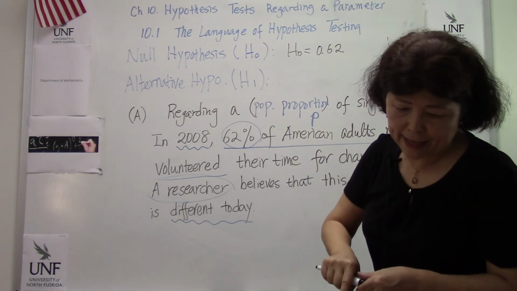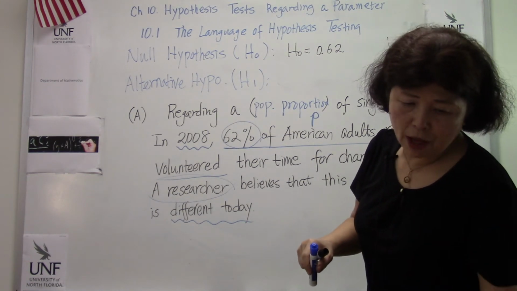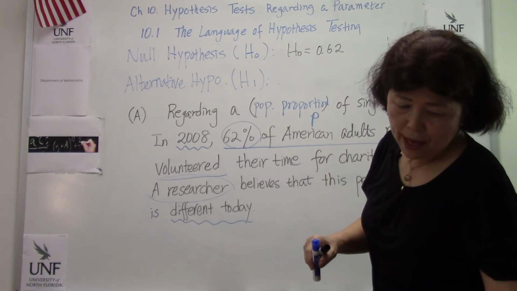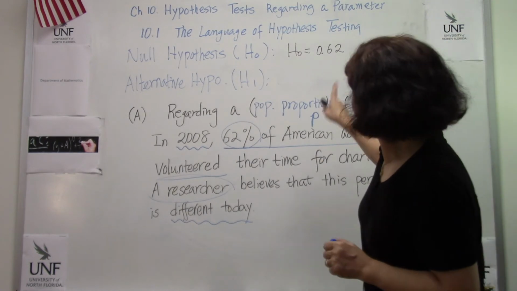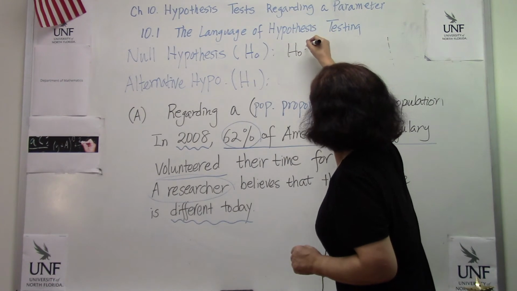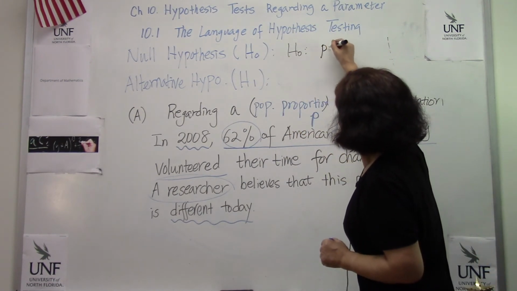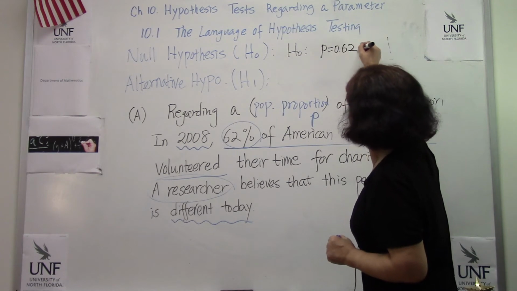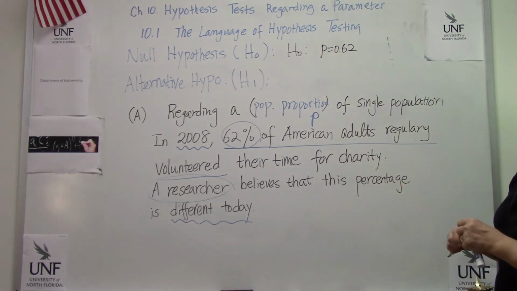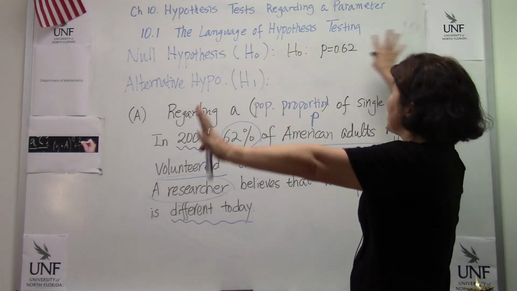So H naught is the proportion, so P equals 0.62. That's how we write it. Just this is it. You don't have to say many other things.